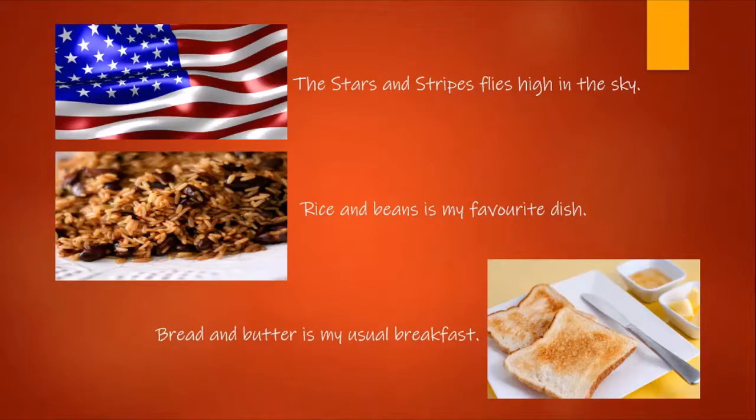So they together become one whole unit and thus represent a singular idea, bread and butter. One singular breakfast dish. So that is about the and agreement. And just to recap, if you remember, they indicate plurality when the individuals retain their identity.